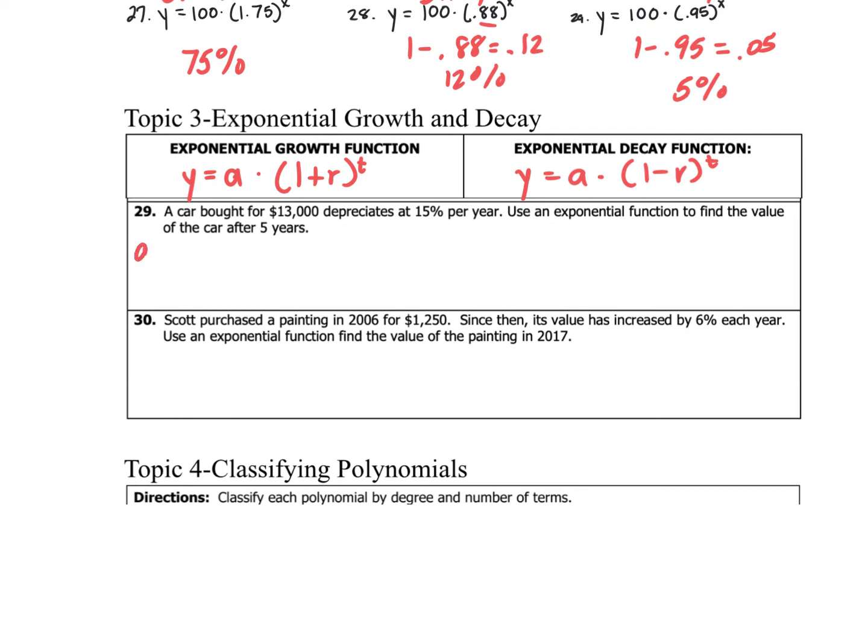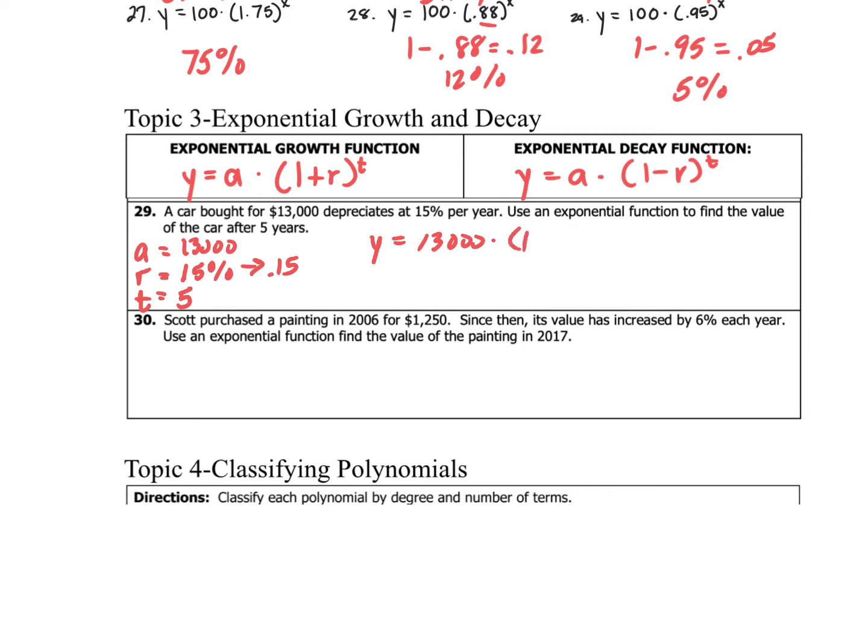You need the initial amount, the rate as a percent or as a decimal, and then t is time. So we've got 13,000. We've got 15% as a decimal is 0.15. And then it's 5 years. So here we go. Y equals 13,000 times 1.